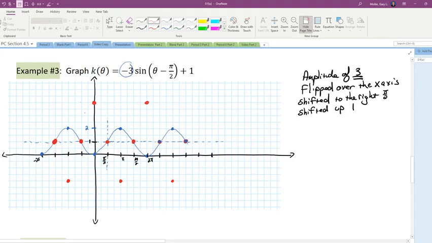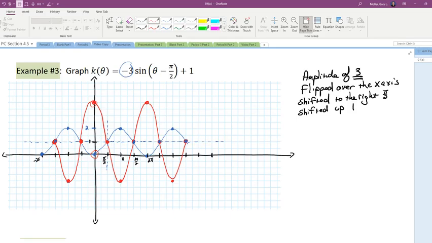And so you will see that where my low was going to be on sine, right at 0, we're now at a high point. And that makes sense because we have reflected it. All right, and that's how we would graph that.